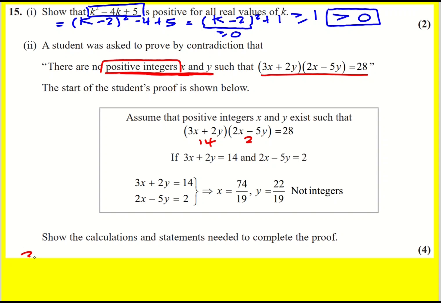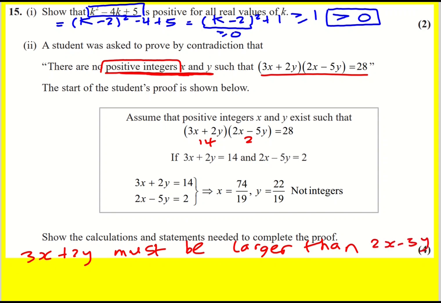And that is that it must be that 3x plus 2y is greater than 2x minus 5y. 3x is bigger than 2x for a start, and then I'm minusing 5y from the right-hand side. I don't think we need to prove that. I think we can state it must be larger than 2x minus 5y for x, y positive integers.